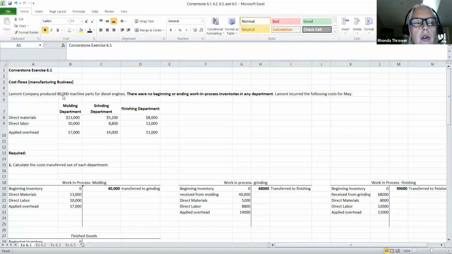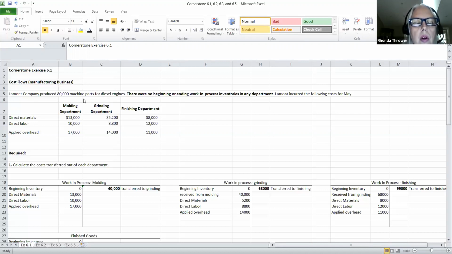And in this problem, we're going to be looking at the cost flows through the different processes or different departments that we would be using for a company. In this company, we're going to be producing machine parts for diesel engines.